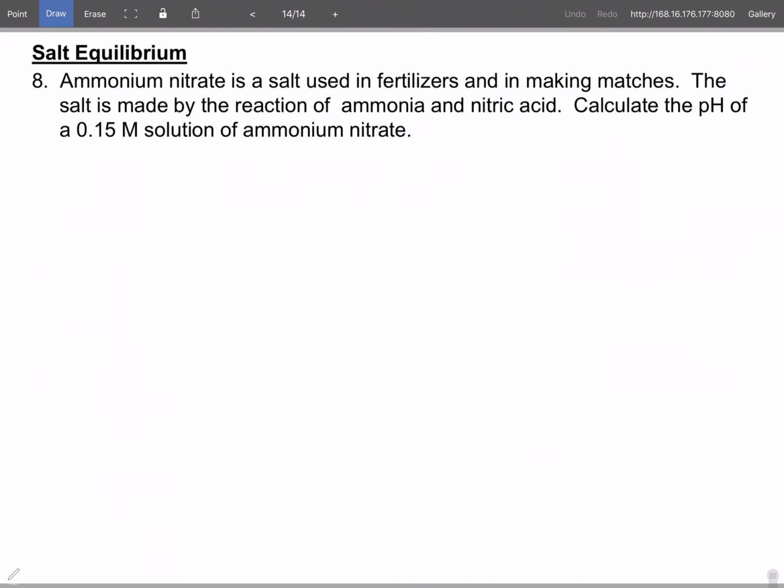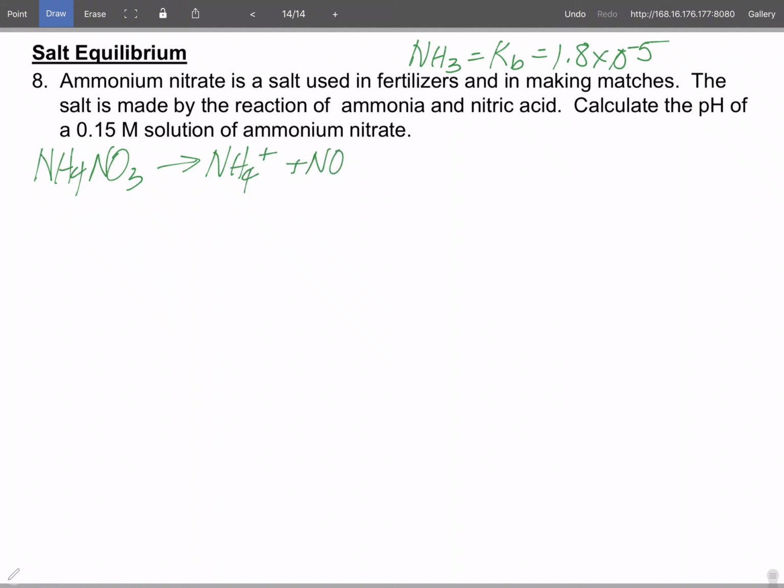So, well, last one, ammonium nitrate is used to make fertilizers and matches. So, ammonia is a base, so it has a Kb value of 1.8 times 10 to the minus 5th. This is a salt, so it's ammonium nitrate, NH4NO3, which means it's going to dissociate into NH4 plus and NO3 minus.